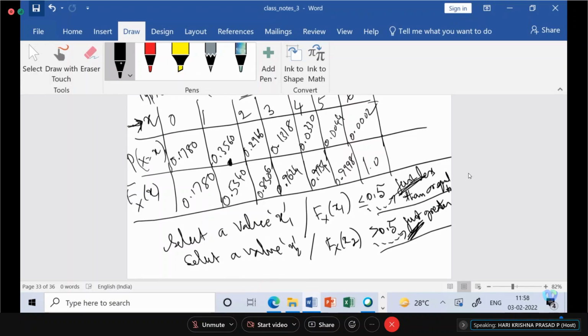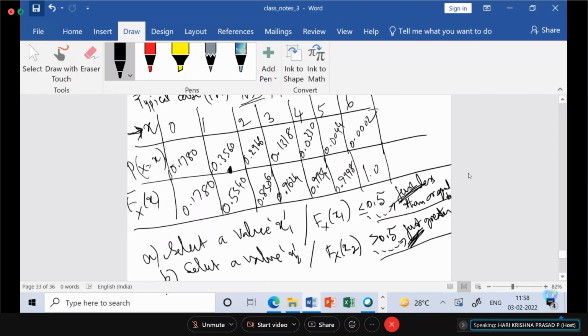In this table, let us refer to the first statement A, statement B. Select a value x1. Let us start from the minimum value of x to the maximum value. The minimum value of x is 0. So I am referring to the first row and third row.